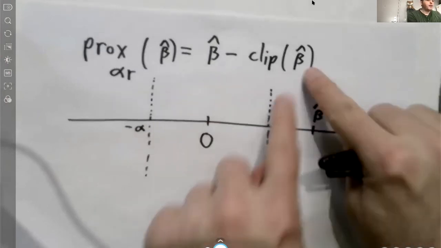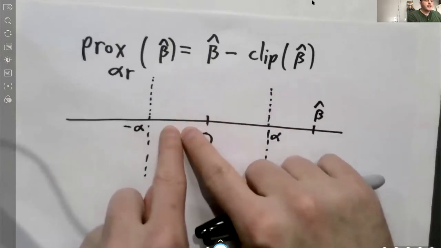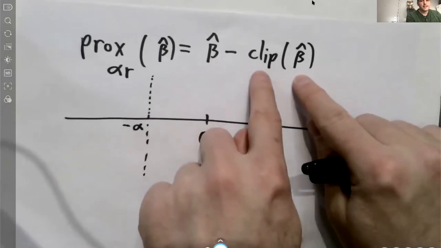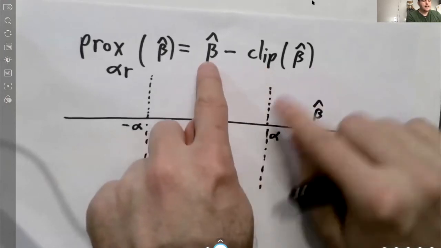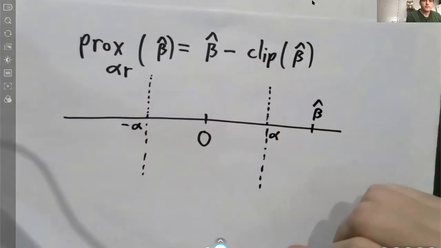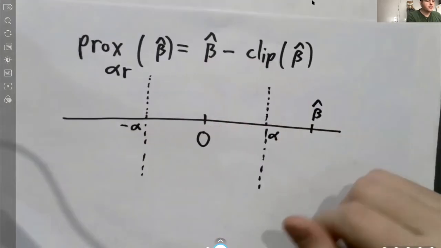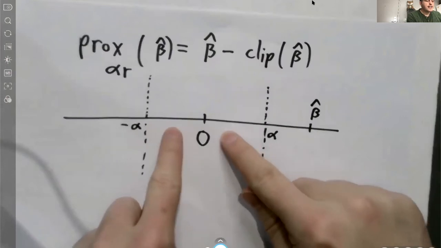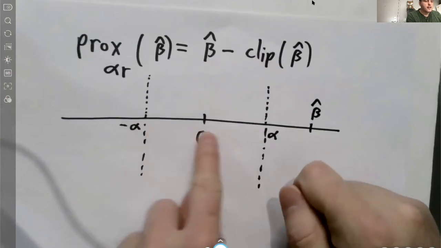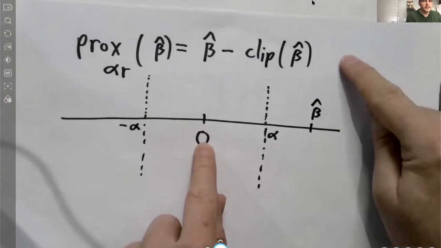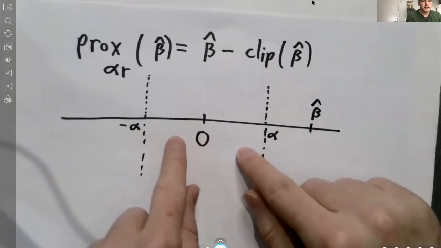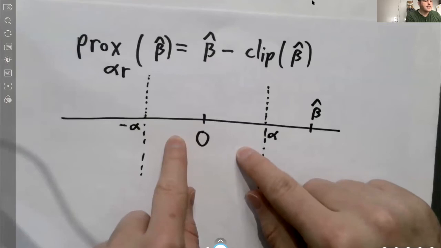And finally, if beta hat is in this range, then the clip operator does nothing. So in that case, we're doing beta hat minus beta hat, which is just 0. And that makes sense. So in summary, everything in this range here gets mapped to the origin. That's correct, and that agrees with what our proximal operator does.